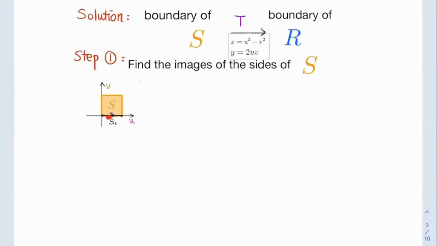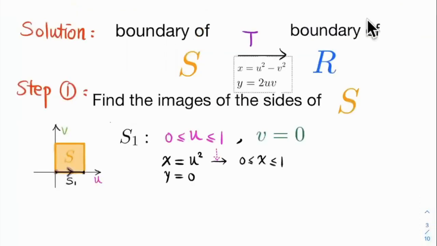Let's consider this side of S, where u goes from 0 to 1 and v is equal to 0 along this side. Since x is equal to u squared minus v squared and v is equal to 0, substitute v equal to 0 here, x is equal to u squared. Substitute v equal to 0 here, y is equal to 0.